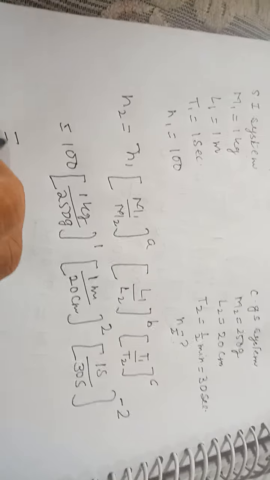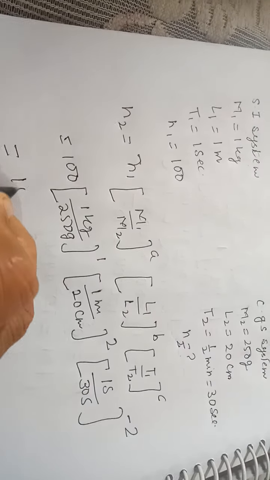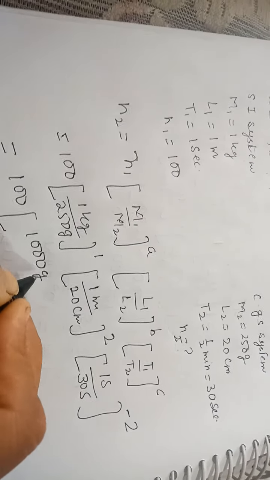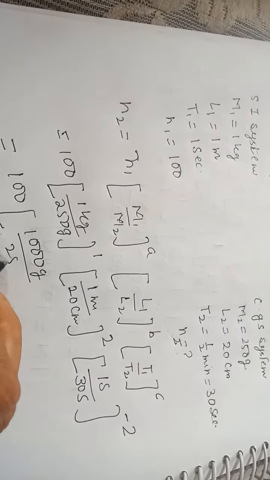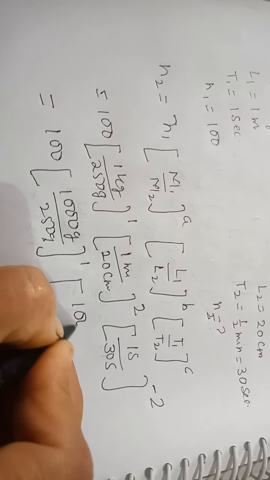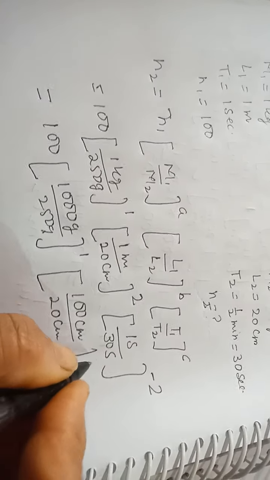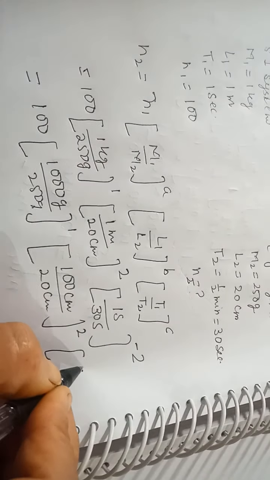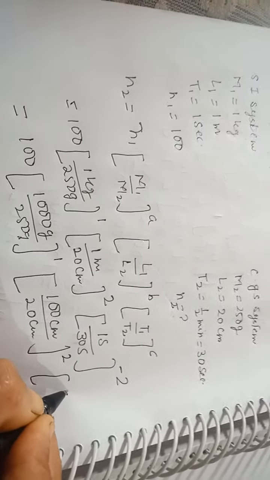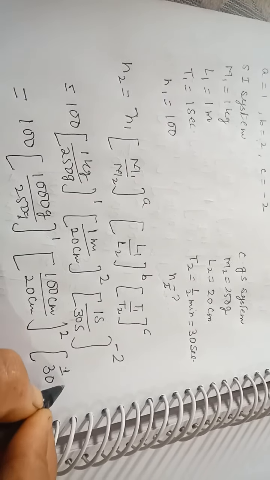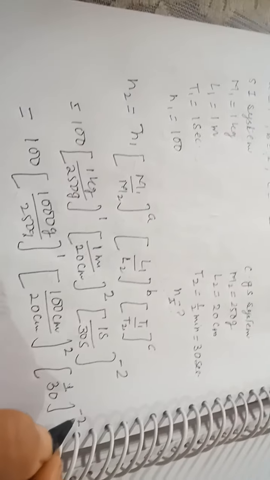Now solve it. When you solve, this is 100, 1 kg means 1000 gram divided by 250 gram to the power 1, 1 meter means 100 centimeter, 20 centimeter to the power 2, and this is 1 second divided by 30 second, so 1 upon 30 to the power -2.